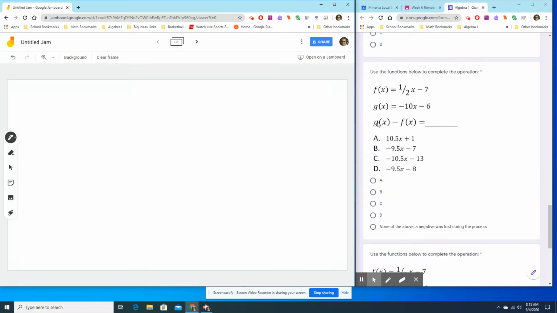Subtracting them now, so we're going to do in a different order here. So these signs are going to go opposite. Nope, these ones are, because this is what's happening there. So we're going to take our g of x, minus 6. There's our g of x, and we are going to be subtracting this entire quantity. So don't lose those signs here, okay? All right, so this is going to be a negative, and this is going to turn into a positive.